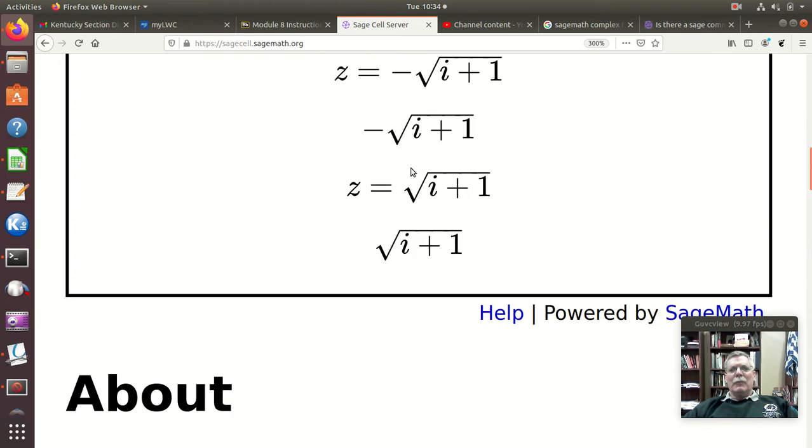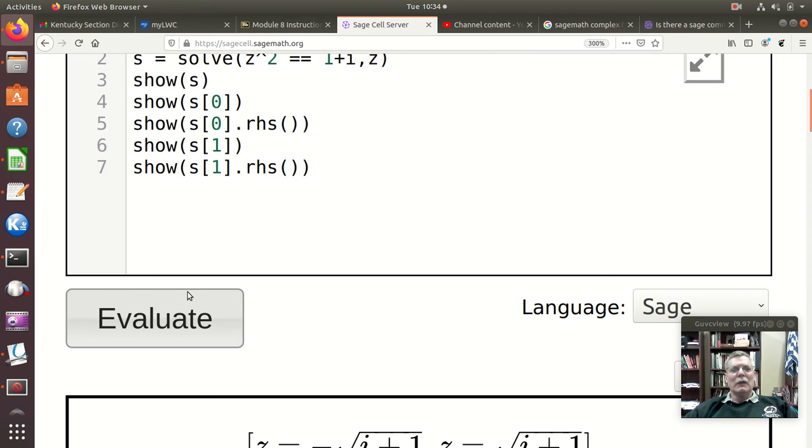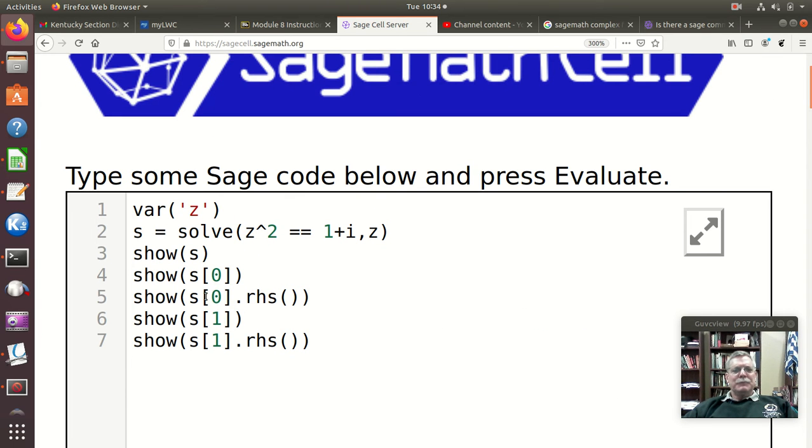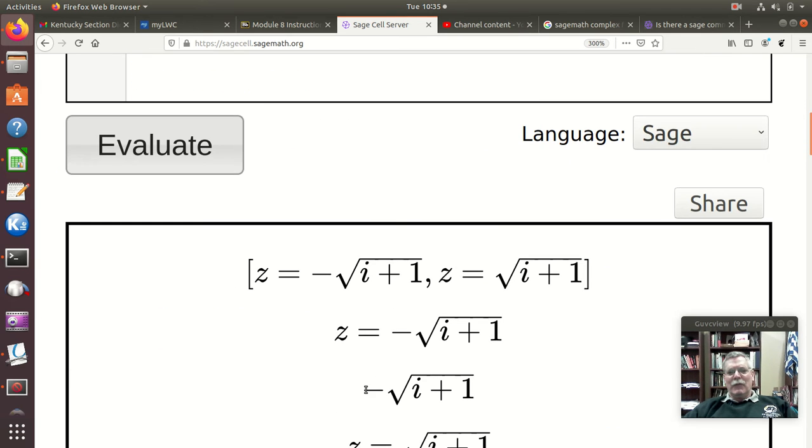And again, the problem was that it did plus or minus the square root of I plus 1. And well, what's the real part of that? What's the imaginary part? I don't know. And this is a good reason to be able to do this right-hand side thing and get to just this piece right here.